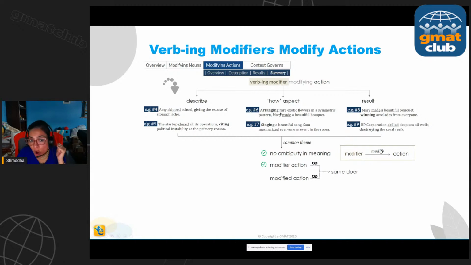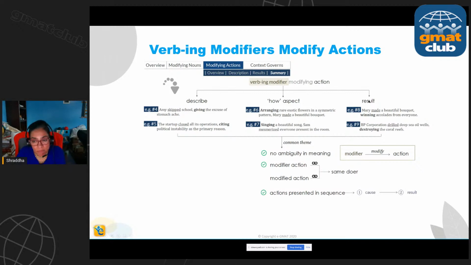And that is true of every single sentence that you see here, that the verb ing modifier, the action modifier, in modifying the action also must logically associate with the doer of the modified action. All right. This is also one point of a criterion to keep in mind for the correct usage of the comma plus verb ing modifier.